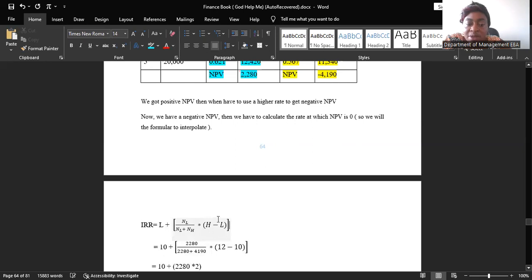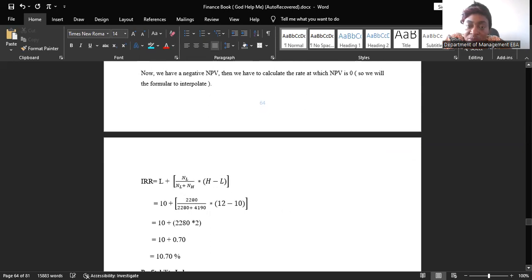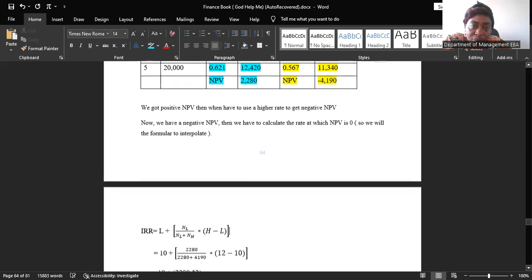H is the highest rate of return minus L, the lowest rate of return. So we insert the values. The NPV for the least rate of return is 2287, so insert it here.